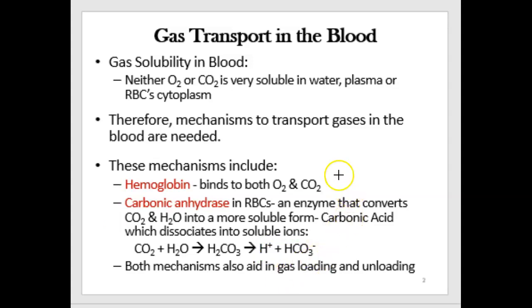So hemoglobin is what will take care of oxygen for us. Hemoglobin can also bind to carbon dioxide, although not very much of the carbon dioxide we produce is actually transported by hemoglobin. In addition to just being able to carry these gases, the mechanisms help with loading and unloading of the appropriate gas at the lung as well as at the systemic tissues.